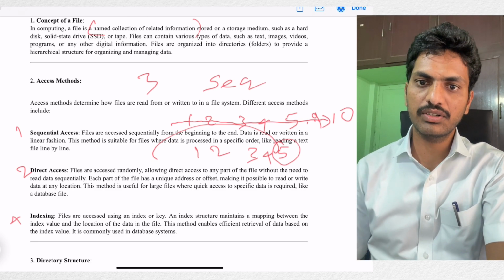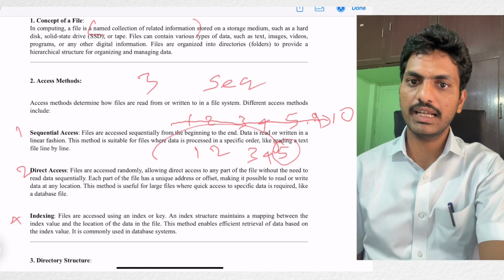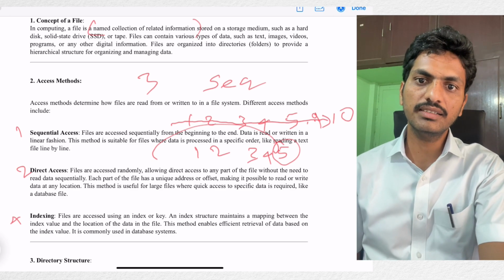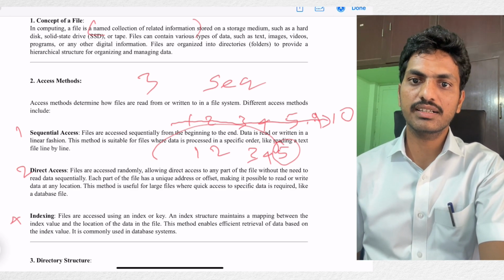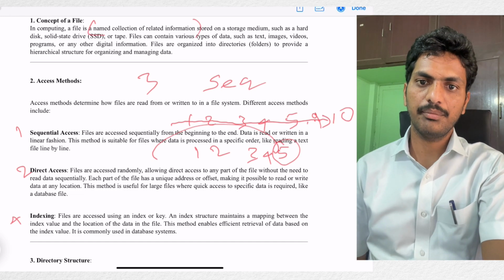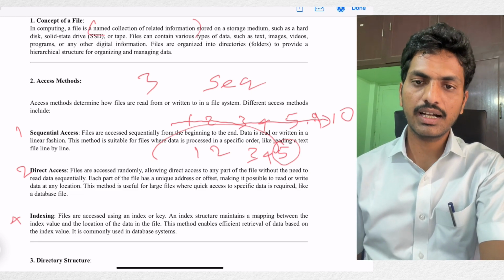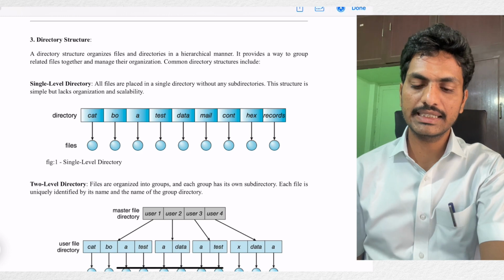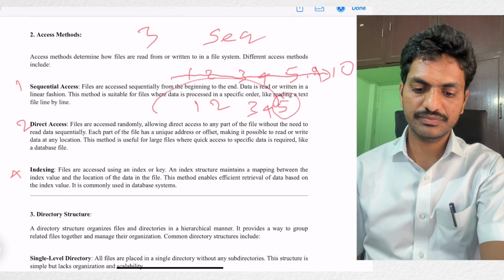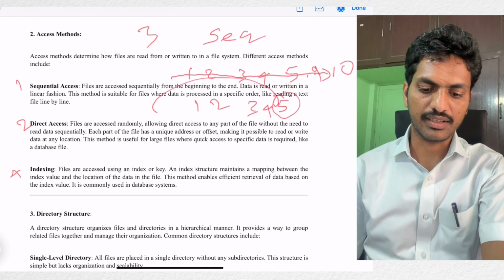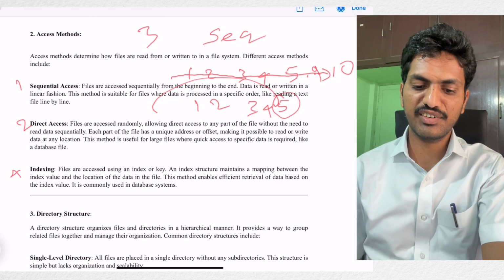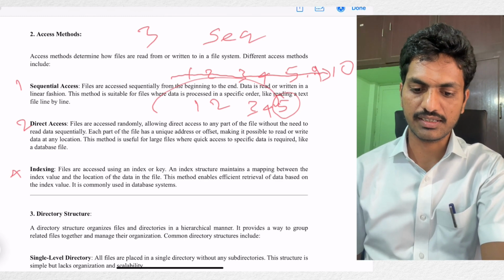So if you want to see a particular topic in the textbook, you look at the index and go directly to that page number to get your topic. That is indexing. First one sequential, second one direct, and third one indexing. That's all.